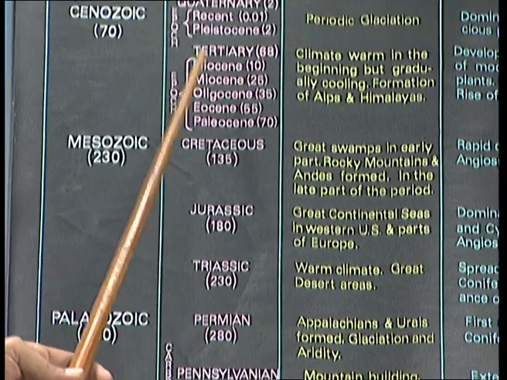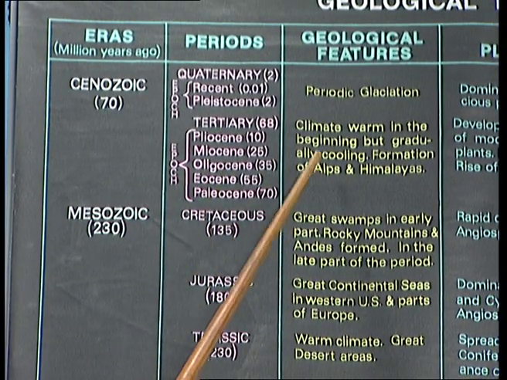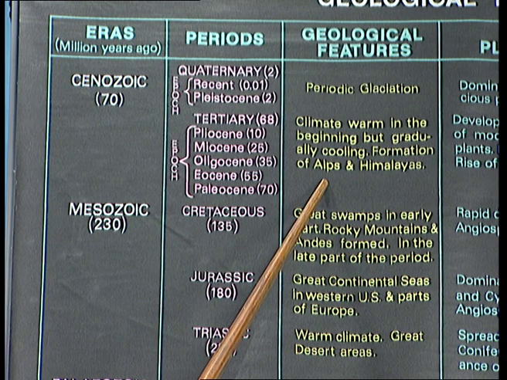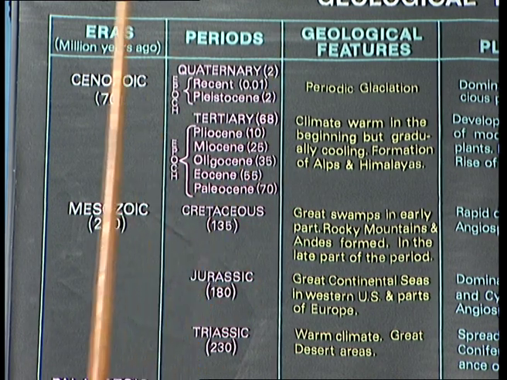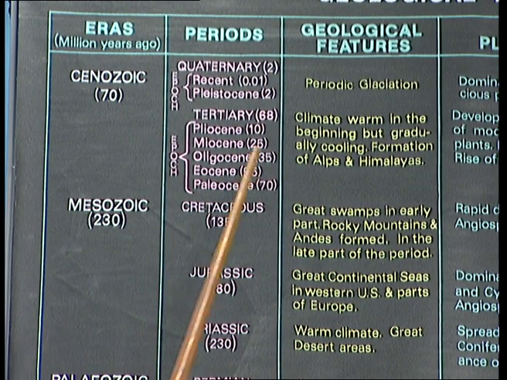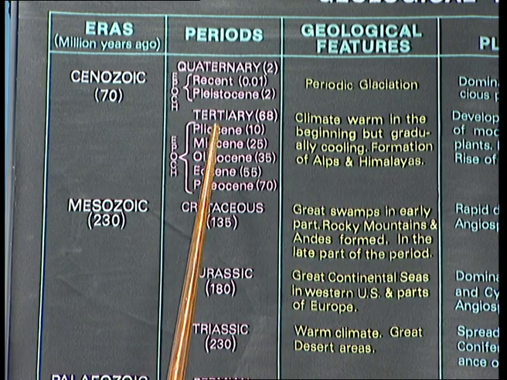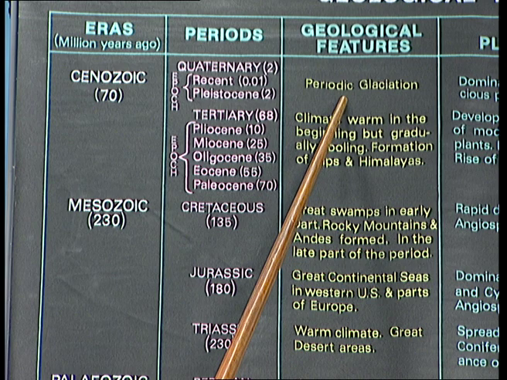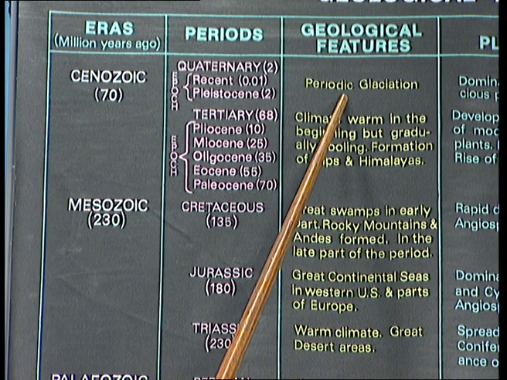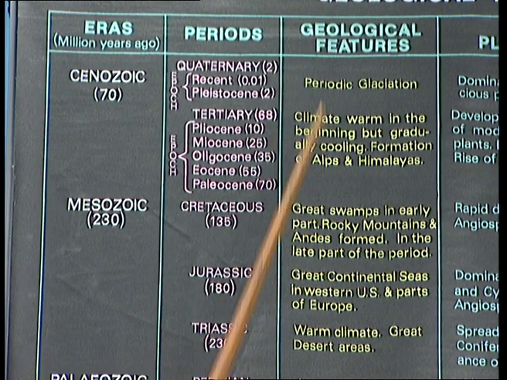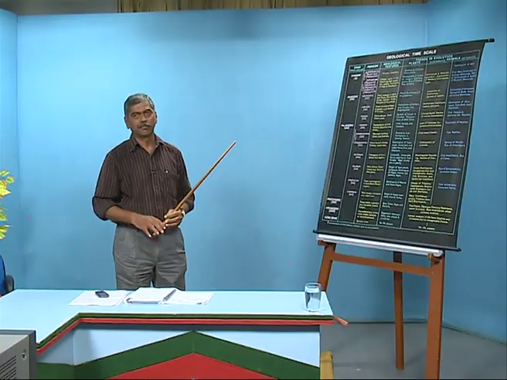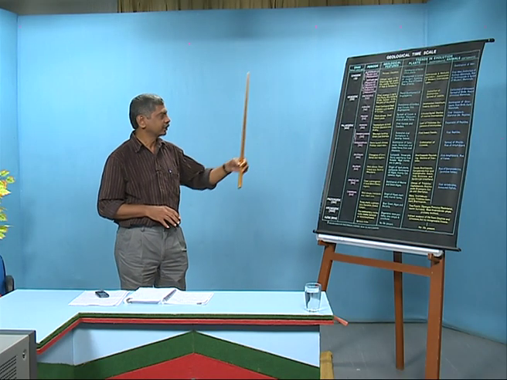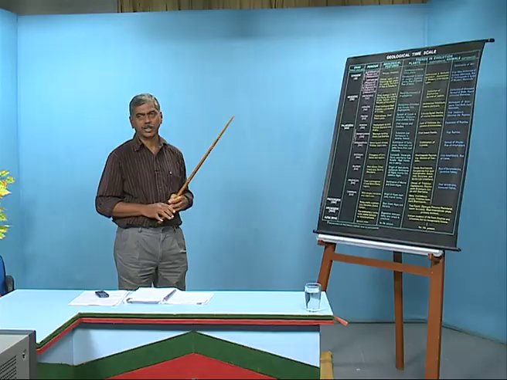Then during the Tertiary period, a lot of the Alps and the greatest Himalayan mountains of the Indian subcontinent were raised, and during the Quaternary period a lot of glaciation activity occurred. This is how different geological features have spread over the entire geological time.